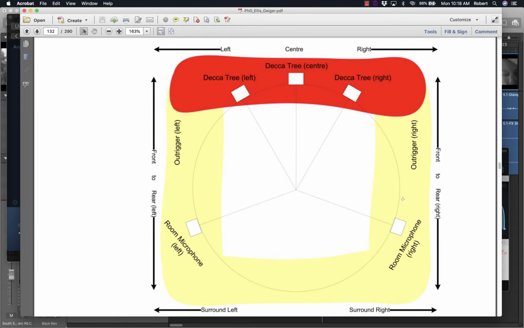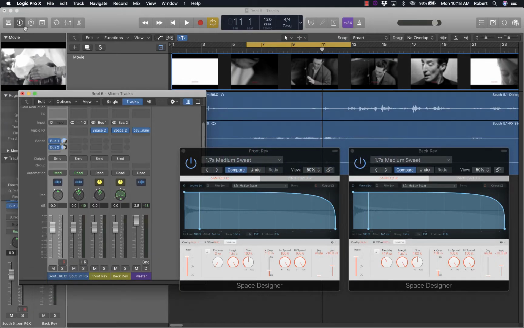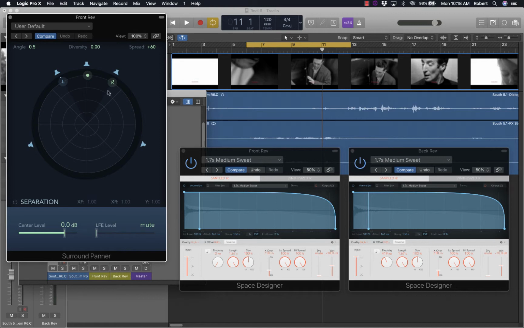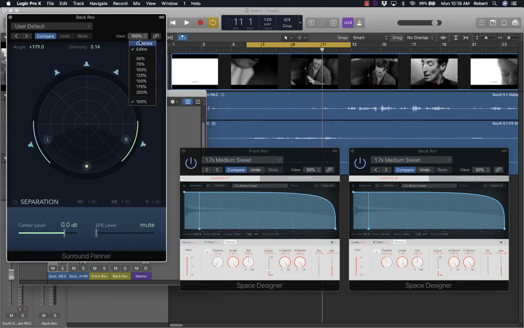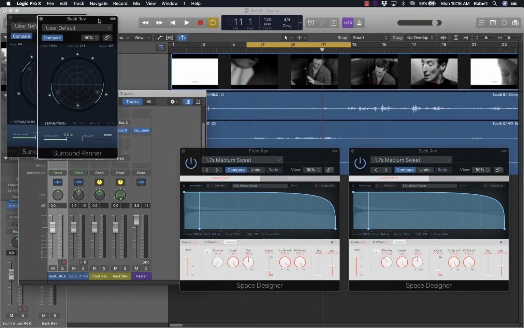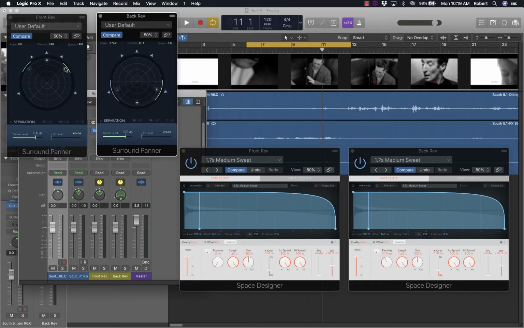So we've got something like this yellow here, and the front one I may overlap as well. Something like that. Of course, use your ears to make the decision as to what is more appropriate. So that is the front panner. This is the back. Front, back. So you have the concept.